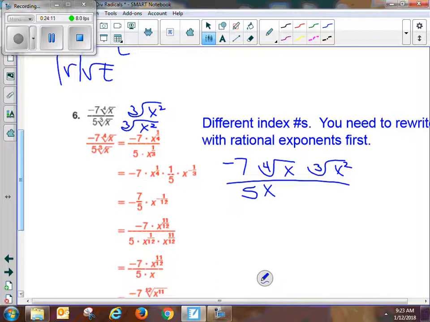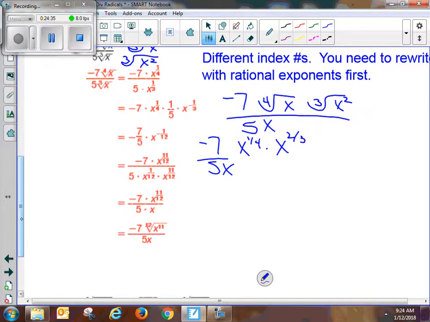I want to multiply the 4th root of x with the cube root of x squared. But in order to do that, I need to switch them over to those rational exponents, the fraction powers. So I see this as x to the 1/4, and I see this as x to the 2/3. Does everybody agree? Okay. Like base multiplication, what do you do with your exponents?